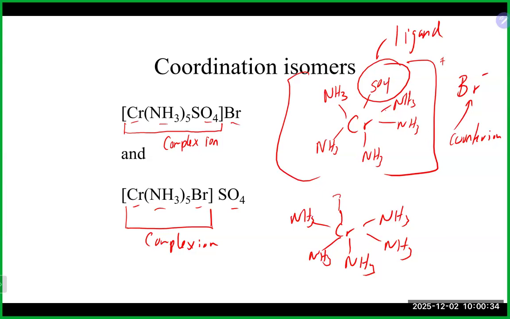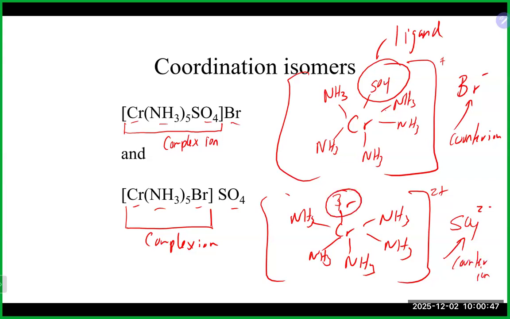And here, though, it is the bromine that's part of the complex ion. That gives it a +2 charge. And here, our sulfate is our counter ion. And again, obviously here, the bromine is a ligand attached in the complex ion part.